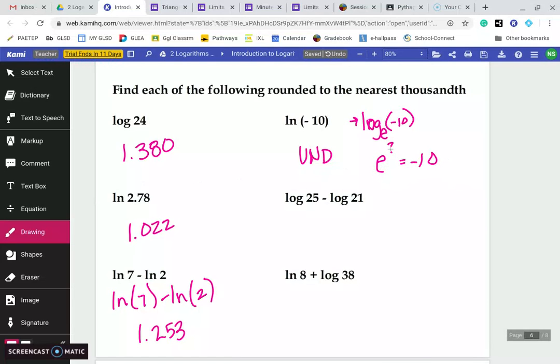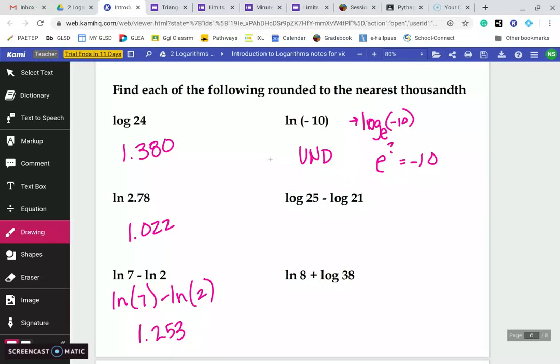No matter what I raise it to, it's a positive number. I can raise it to a fraction, which just means I'm going to take the square root, but that's still going to be a positive number. I could take it to a negative number, like e to the negative 2nd. That just puts it in the denominator, but it's still a positive number. So there's no exponent in the world that could possibly make this a negative 10. It's just not possible. That's why it's undefined.